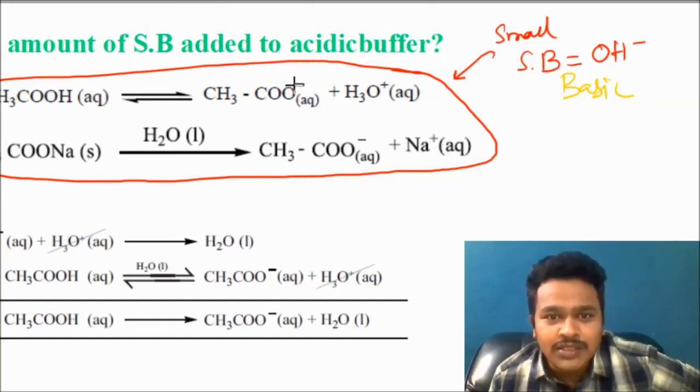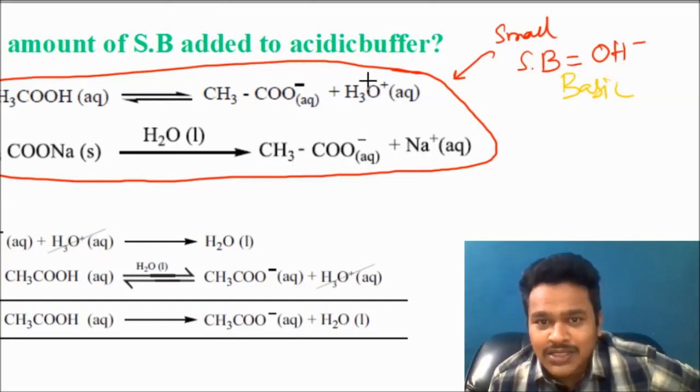Here is the CH3COO minus, which is also a basic component. This can go to this hydronium ion. Otherwise, you can say this is an H plus ion, and this is a Na plus ion.